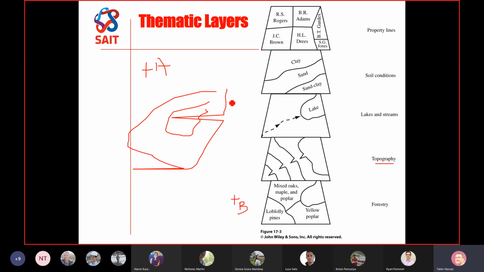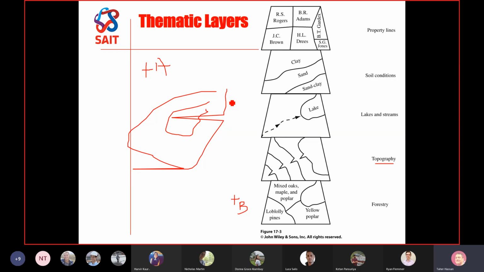Now, next, how about the soil condition? For example, this area has clay, and this area has sand, and this area has rock. Remember that even for cut and fill, the price will vary depending on the type of soil. If I have one area that has rocks, I need to cut in rock. Is that the same price as when I cut in sand or clay?